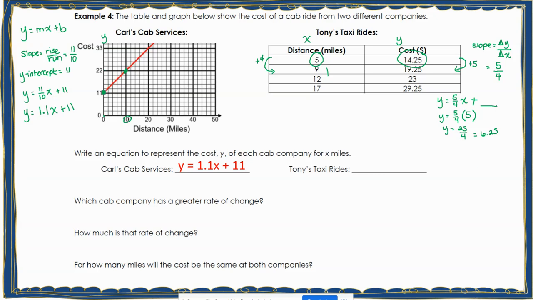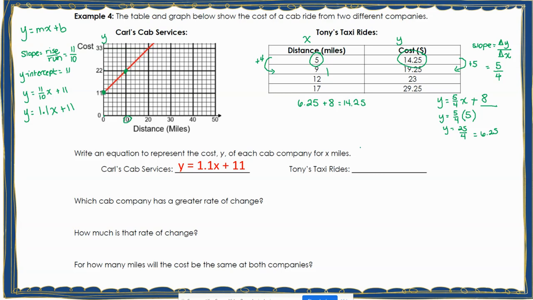Since we plugged in 5 for x and got 6.25, I would add 8, because if I have 6.25 and I add 8, I'm going to get 14.25. And that is what I know I should get for my y value. So I'm going to add 8 here. And now I can see that my y-intercept is 8.